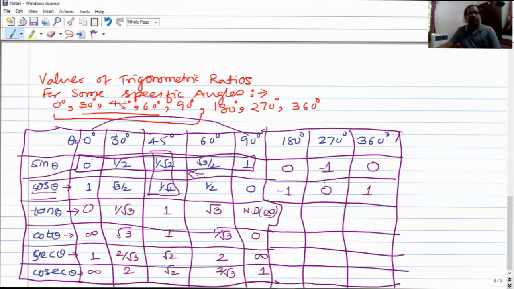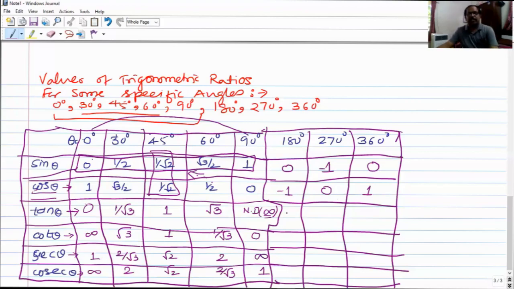The values of sin theta start with 0, then 1, then 0, then minus 1, then 0, and again 1, and so on. The remaining values are obtained from sine and cos.